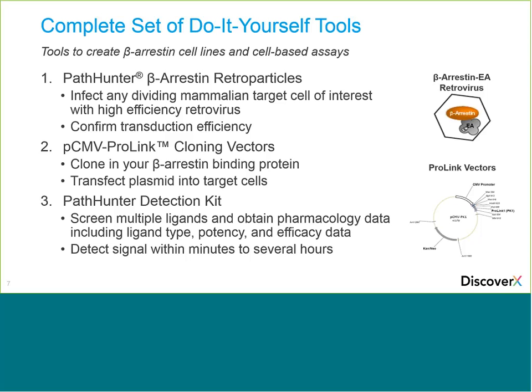And then finally, you need the detection reagents to do the cell-based assay and screening of your ligands of interest for beta-arrestin recruitment. These reagents are very sensitive, and they provide quantitative detection of the EFC-based protein-protein interaction. They give a ligand-induced chemiluminescent signal that is stable for hours and allows for robust screening and readout on any standard luminometer.